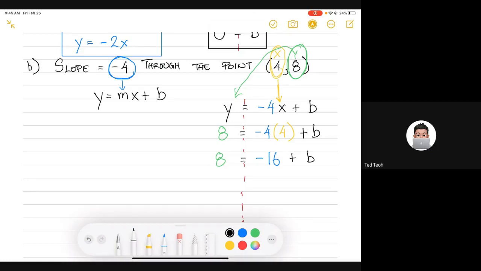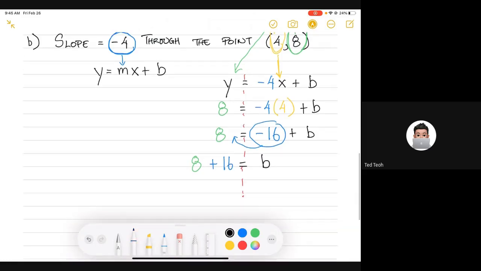This 16 is a number, so I'm going to take this -16 and bring it to this side. The 8 on that side is still there. When I bring this 16 over, it's going to be a positive 16, and I'm going to be left with the b on the right side. 8 plus 16 is 24.